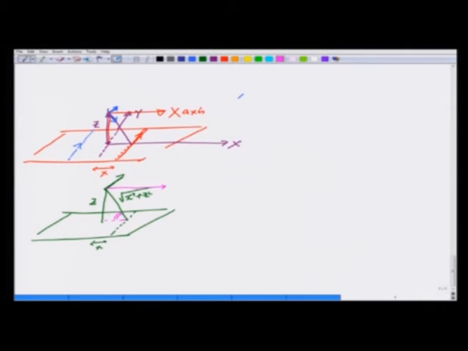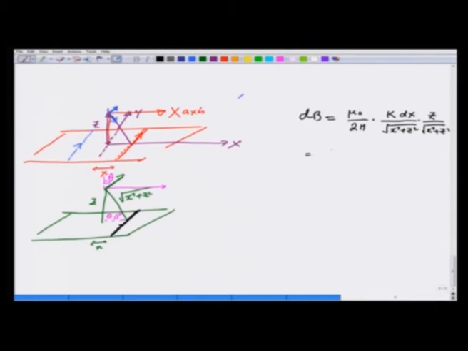If this angle is theta, so is going to be this angle theta out here, and therefore, the x component is going to be whatever small b is coming from this current here, which I am showing in black, which is mu naught over 2 pi times I, which is going to be k dx per unit length is k, divided by square root of x square plus z square and its component in the x direction, which is sin theta, which is going to be z over square root of x square plus z square.